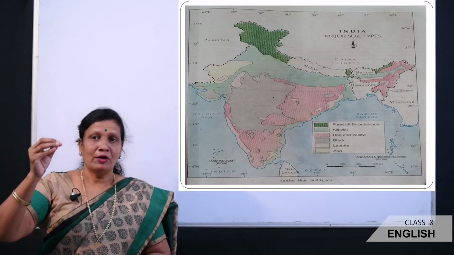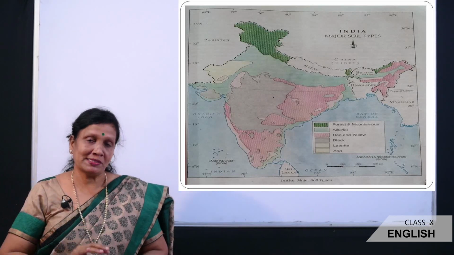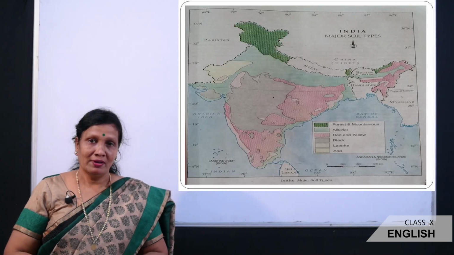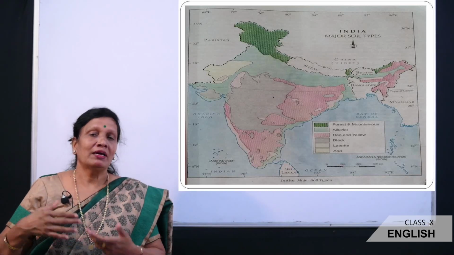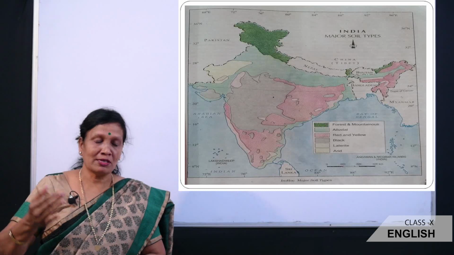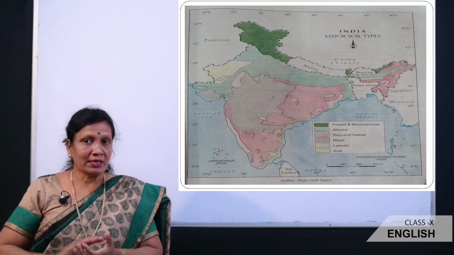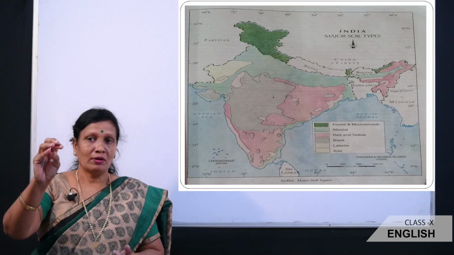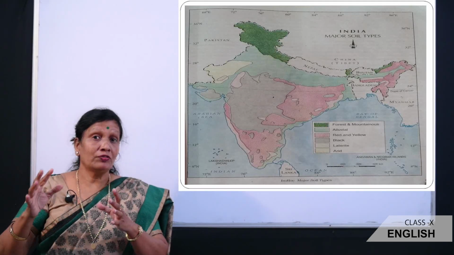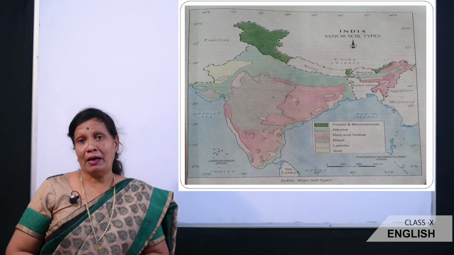So this map talks about the different soil types of India: black soil, alluvial soil, arid soil, laterite soil, forest and mountainous soil. Now you can see in the map different colors, and you also have the colors pointed out for the different soils that have been shown on the map.